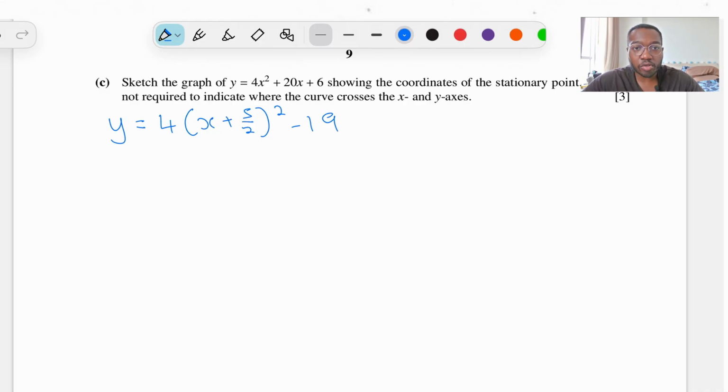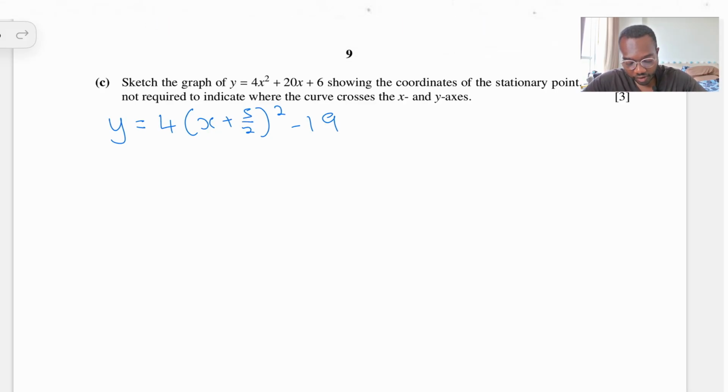If you go back to maybe your GCSE days, you've probably seen this before, where we can work out the minimum and maximum points when we complete the square. This minus 19 is going to be the minimum y value. This is the minimum height.